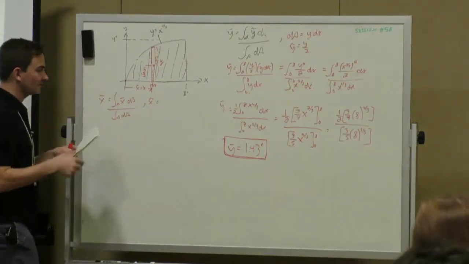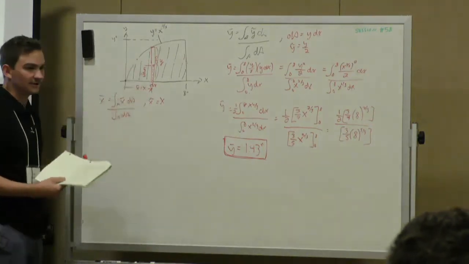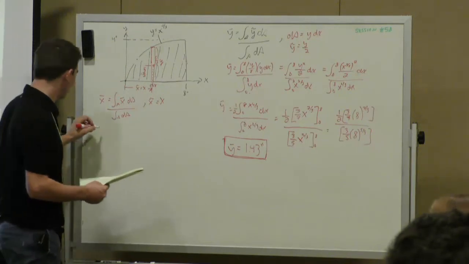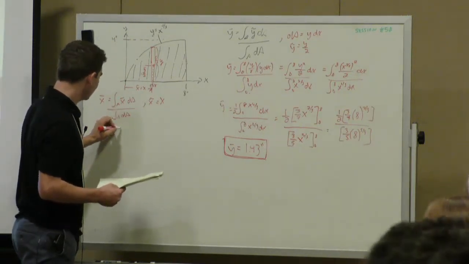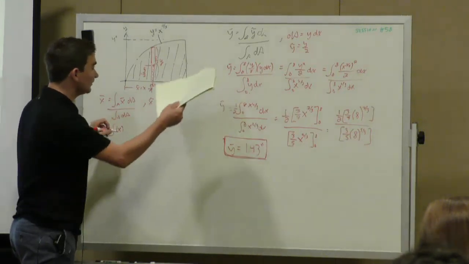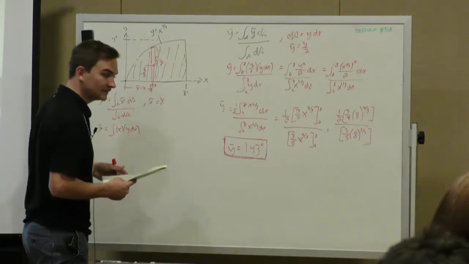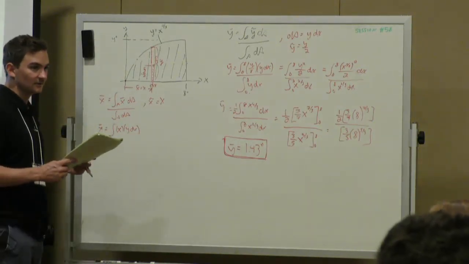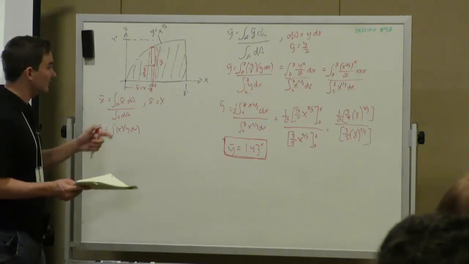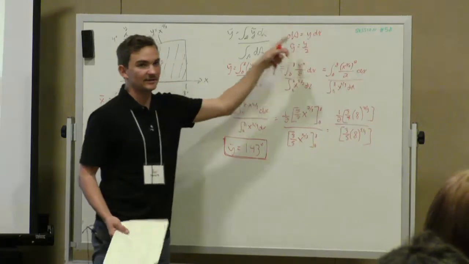Setting that up is probably the most essential part: make sure you get your x tildes and your dAs right. So plug all this in. We have x tilde equal to x multiplied by our dA, which is y dx. And what are our bounds? Yeah, so we kept the same differential area, which means we're integrating with respect to dx still.